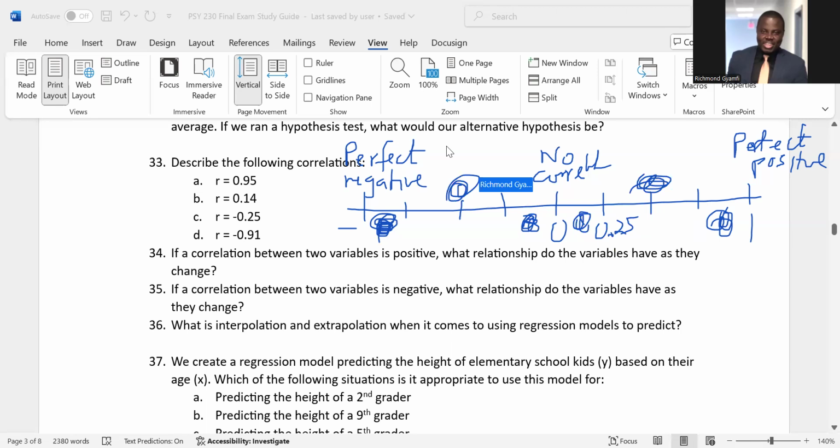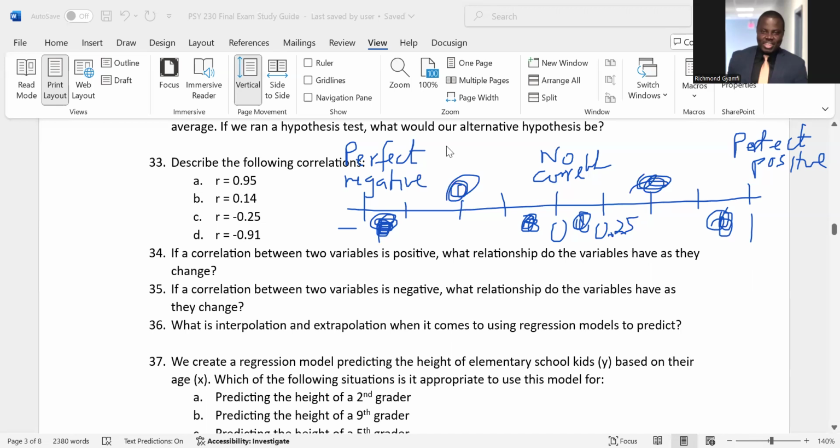So if you look at the first one, R equals 0.95, that's a strong positive. Why? Because it's close to 1. 0.14, oh, that is closer to 0. So you're going to say it's a weak positive.